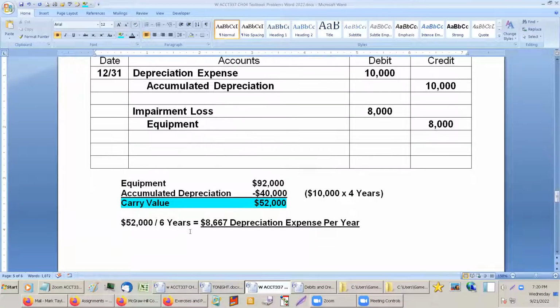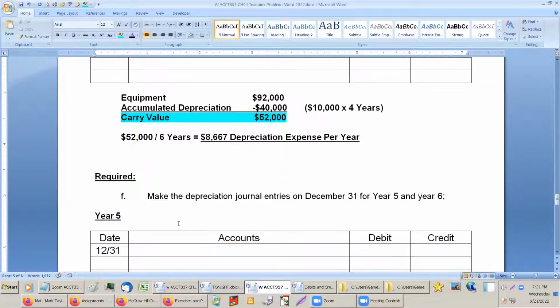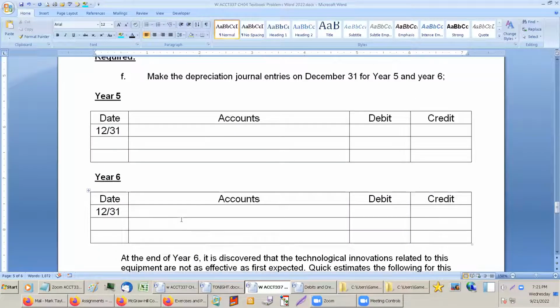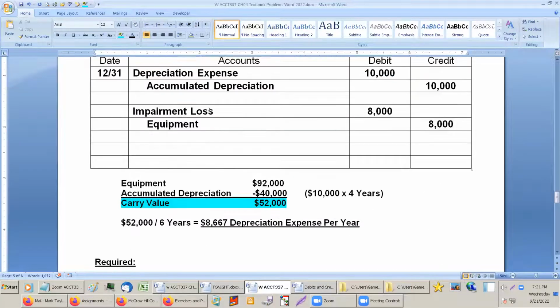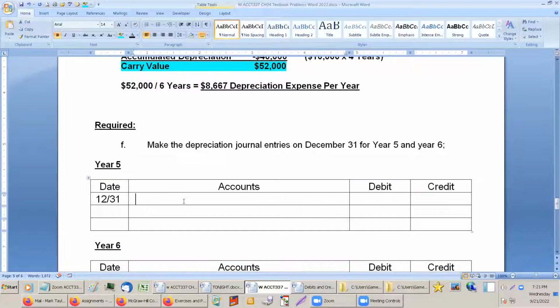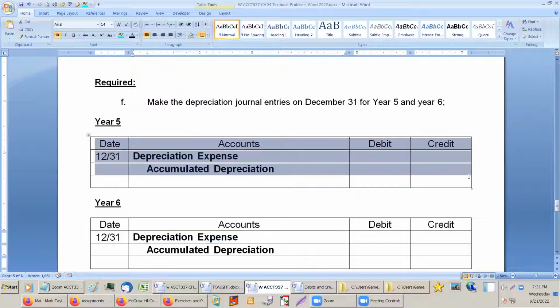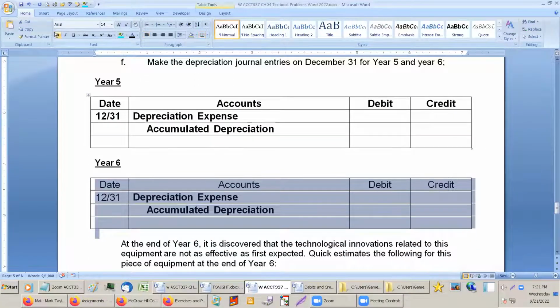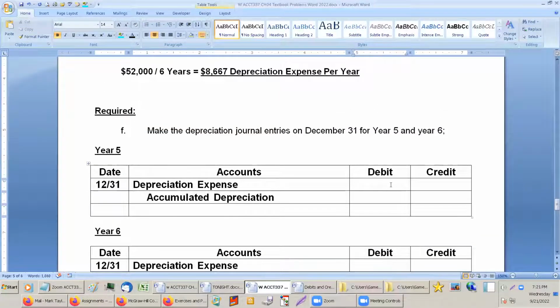With this adjustment we have, we did depreciation journal entries. Okay, I'm going to get lazy. I'm not going to get lazy. I've always been lazy. All right, so 8,667.